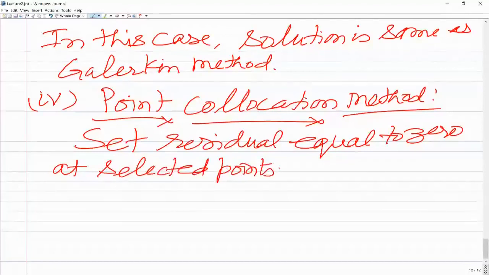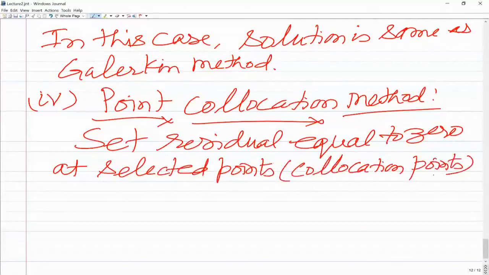These selected points are known as collocation points in the domain.